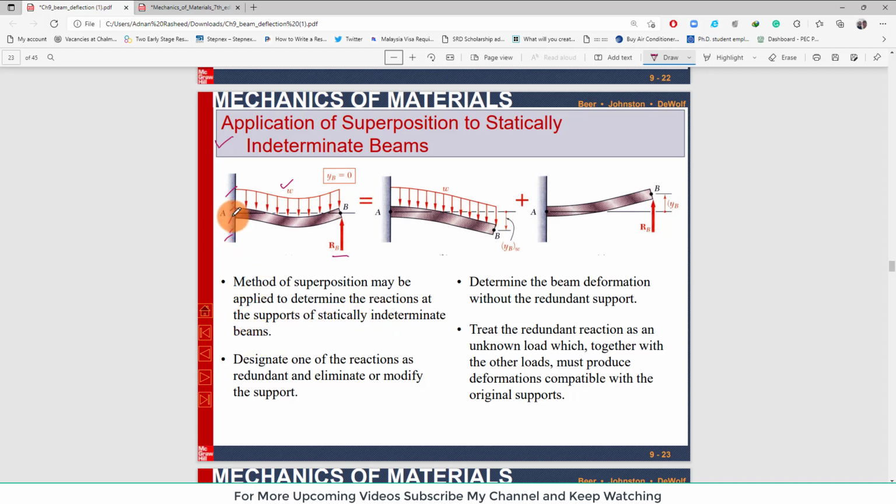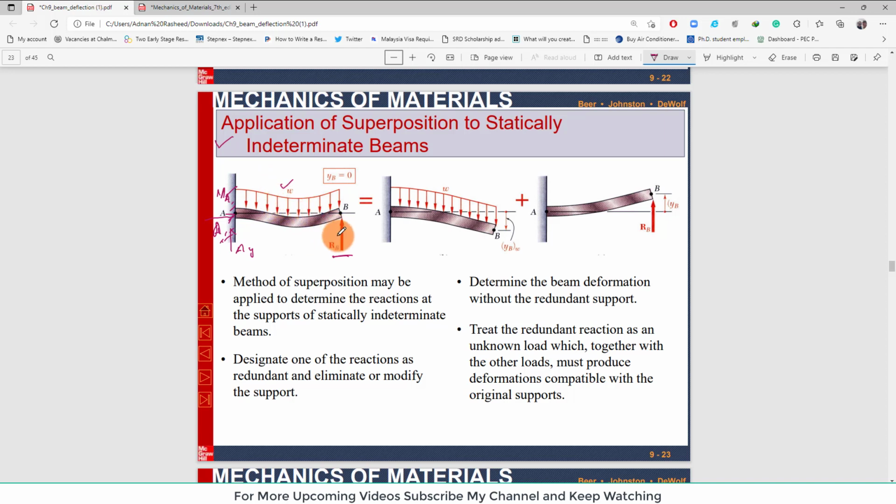You can see at the fixed support we have three unknown reactions, AY, AX, and MA, and there is a reaction at the rolling support. So there are a total of 4 unknowns, and we have 3 equations of equilibrium. So it is statically indeterminate.